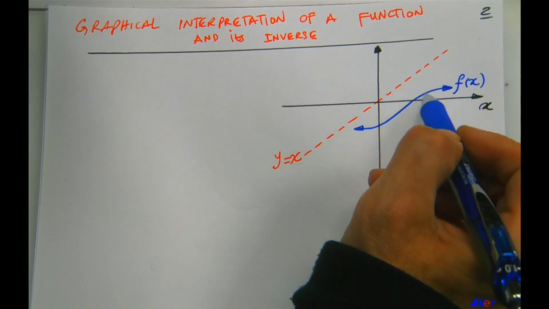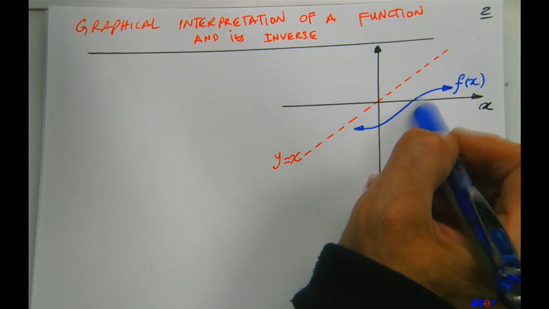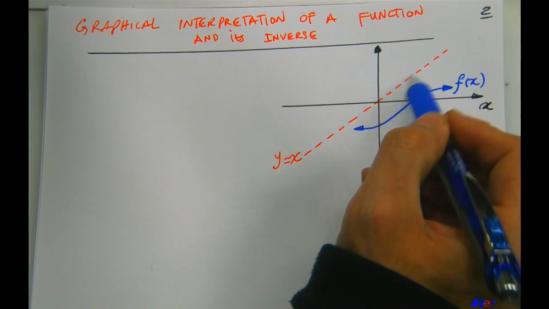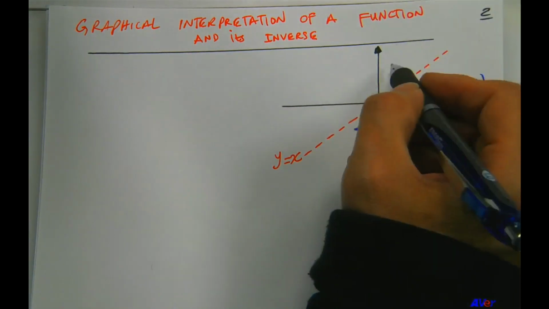Now, the inverse of this function would be, graphically speaking, the mirror image of this line across the y equals x line. Let me use a different color to draw that.